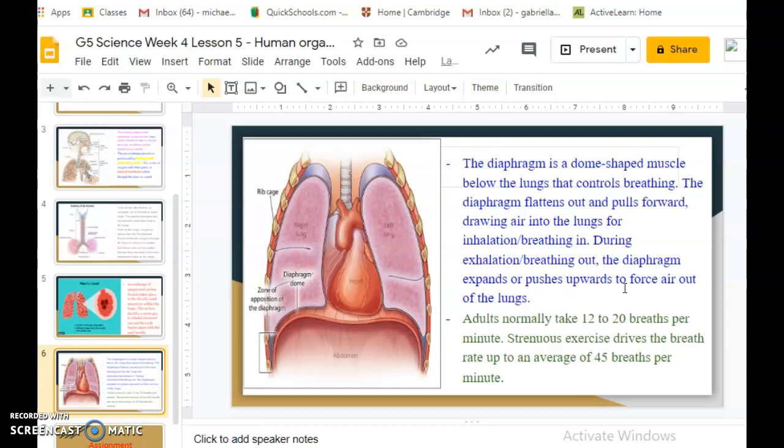The average becomes 45 breaths per minute. So basically, that is how the respiratory system works, how it is able to control the amount of air that is coming in and going out and supplying it to the blood cells to be used in our body for activities.